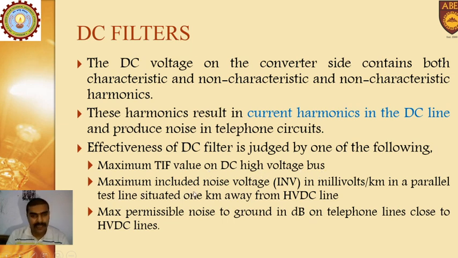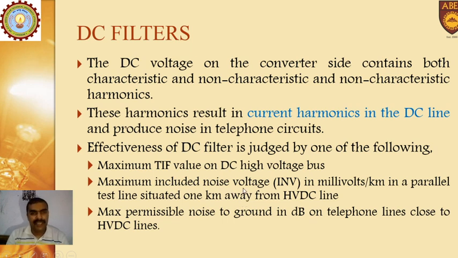Another is the maximum induced noise voltage, INV, in millivolts per kilometer, in a parallel test line situated 1 kilometer away from the HVDC line. The noise voltage will be checked at that test line.